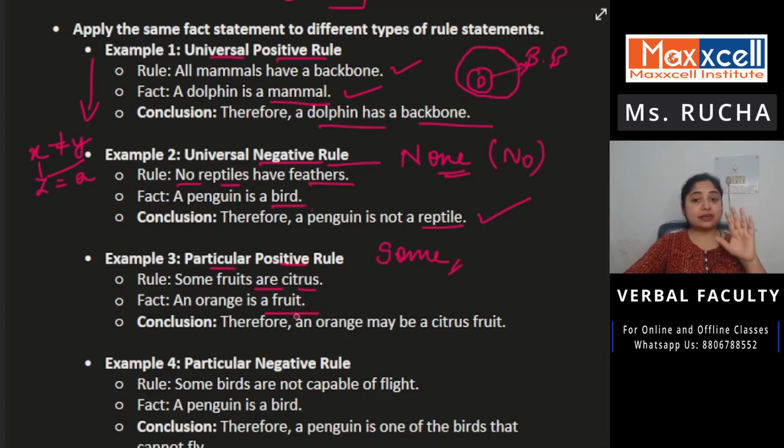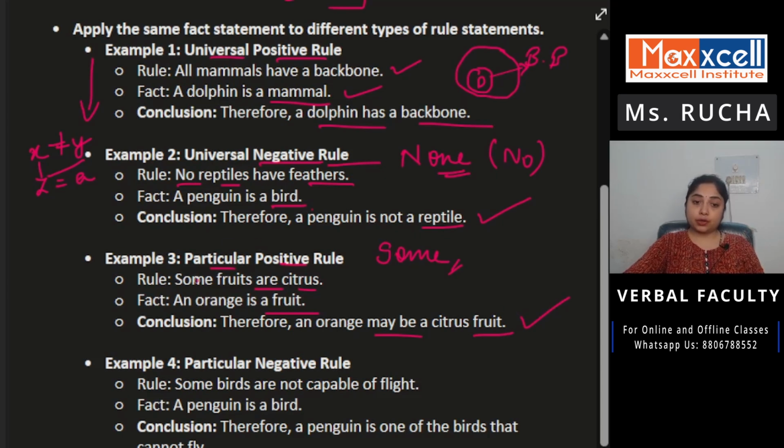So we can safely say that an orange may be a citrus fruit. Why? This is the safest and most logical conclusion here, because we are using the word some. We are not saying all fruits are citrus. If we would have said all fruits are citrus, we would have said an orange is certainly a citrus fruit. We are saying some. That is the reason the safest, most logical conclusion here is that an orange may be a citrus fruit.